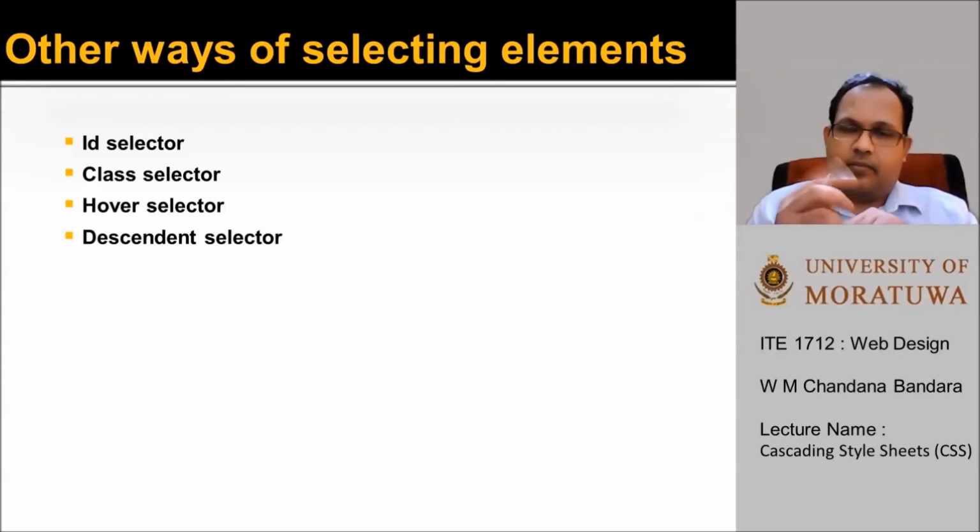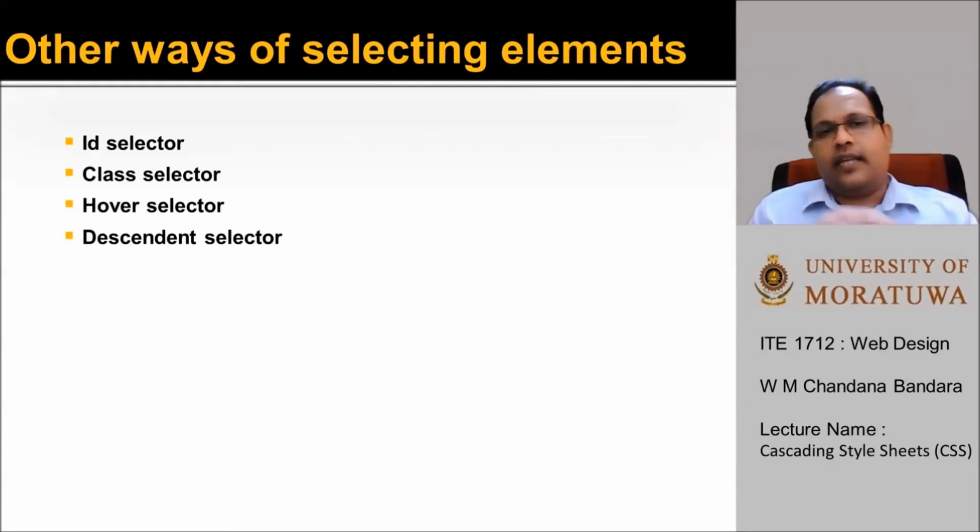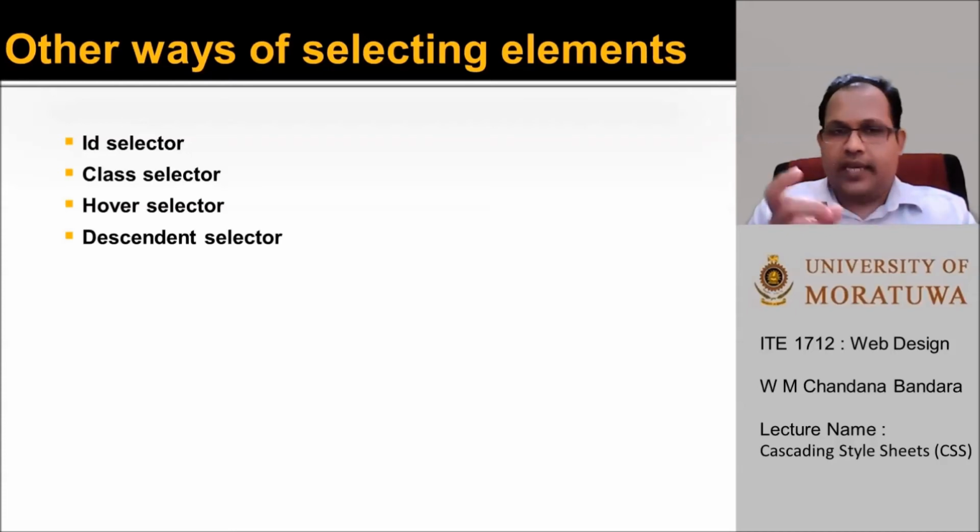But there is more than one way to select elements. One example would be by selecting the ID attribute. Let's say we have a paragraph with an ID of main. We can catch the element using this particular attribute.